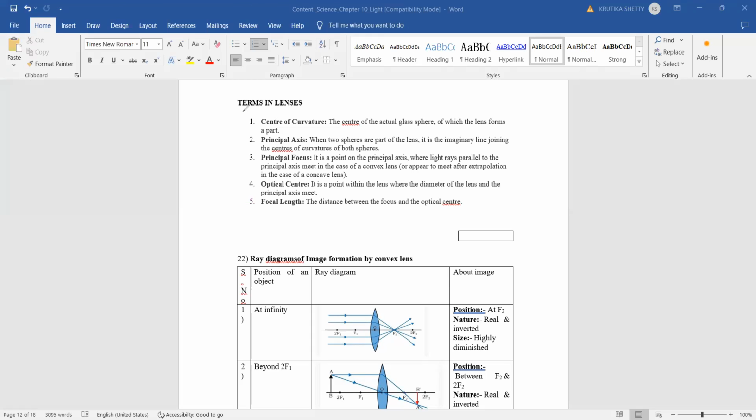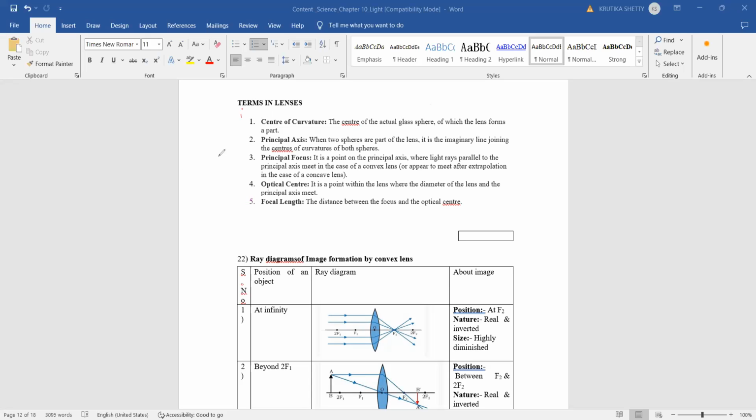The first point in terms in the lenses is center of curvature, the center of the actual glass sphere of which the lens forms a part. You already know these definitions, so we will revise them and then begin with the next part. Only a small concept is remaining.